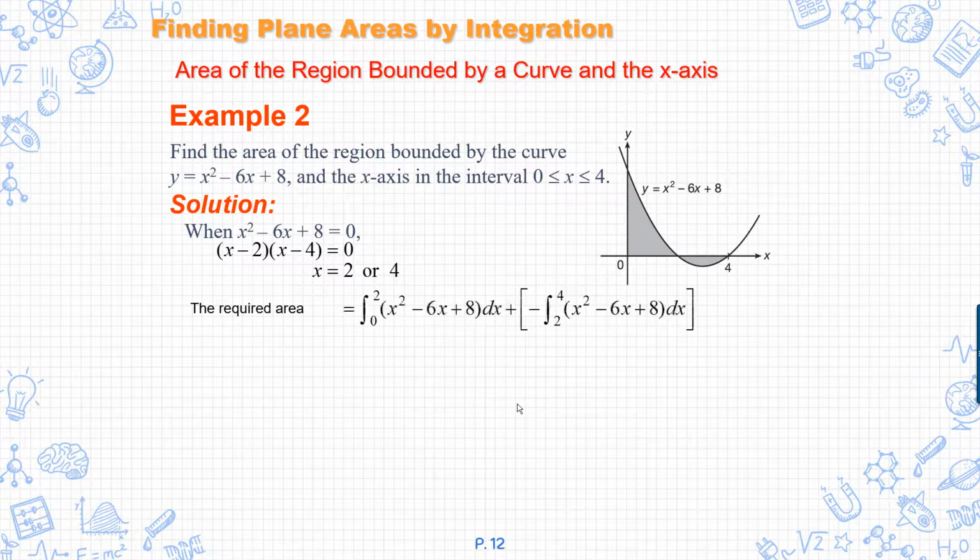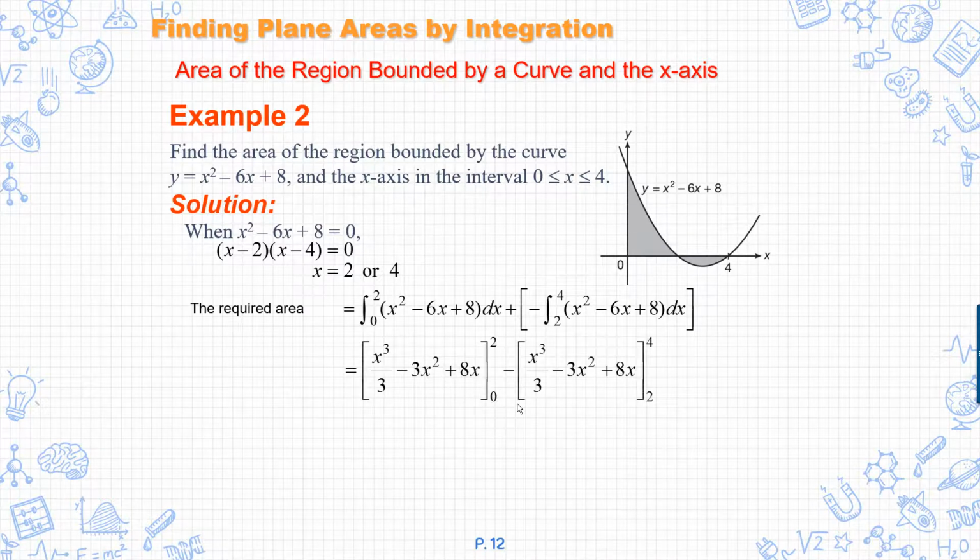So we can just divide the whole area into two pieces, and so the required value is the integral of 0 to 2 of the same function x square minus 6x plus 8, and the negative of the integral 2 to 4 of the same function x square minus 6x plus 8. Remember, this negative sign is coming because the curve is below the x-axis. Very right. Can you quickly simplify it further and give me the answer?